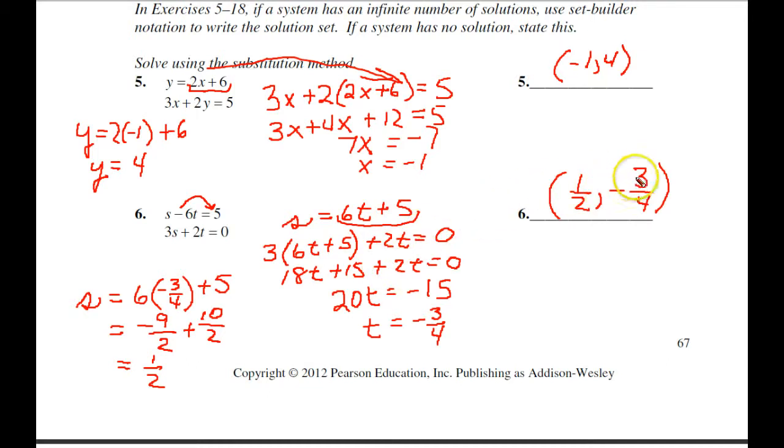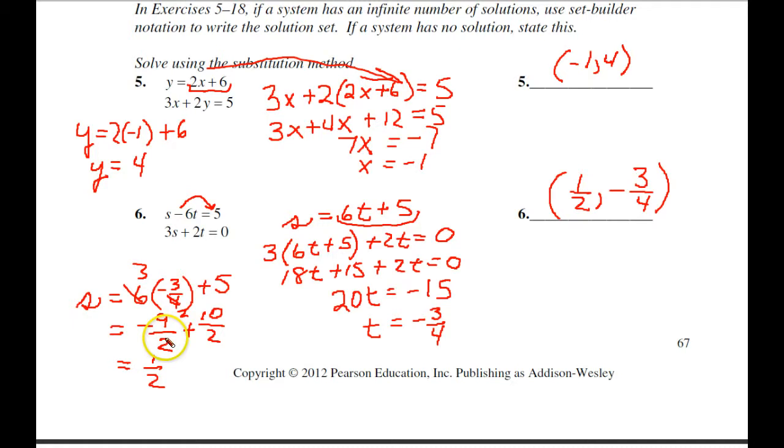Now I have a negative 3/4 for my t. So I'm using that first equation, or this one here. S equals 6 times, for t, a negative 3/4. And I simplify. I cancel out there. This becomes a 3. This becomes a 2. So I go 3 times negative 3 gave me a negative 9 divided by 2.